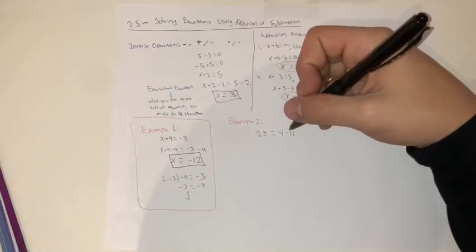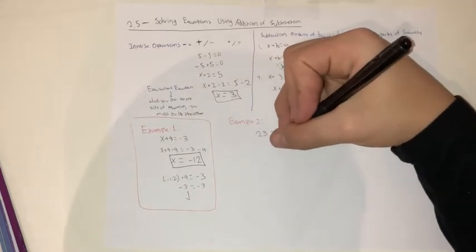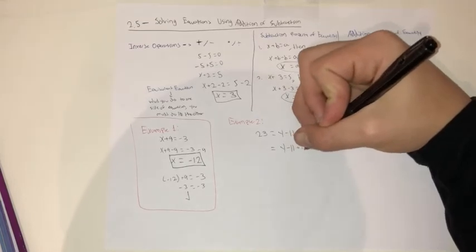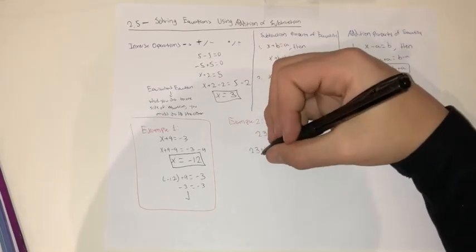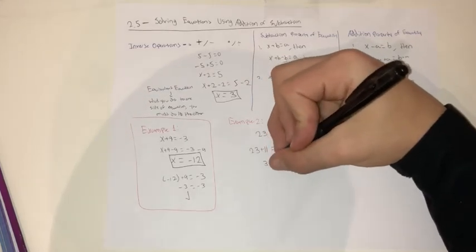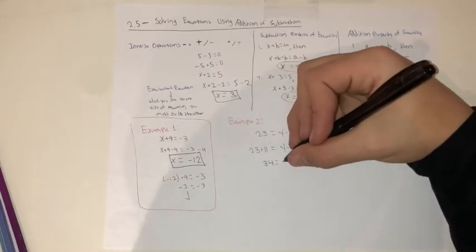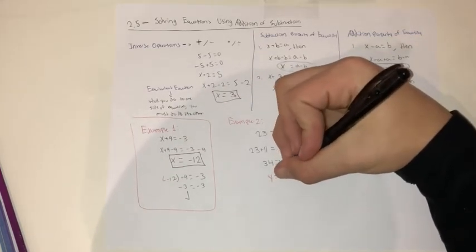So y plus 0 is y. So y minus 11 plus 11 is the same thing as 23 plus 11. So 23 plus 11 is 34, is equal to y minus 11 plus 11, which is y plus 0, which is y. So y equals 34.